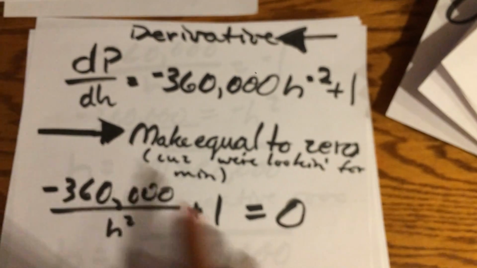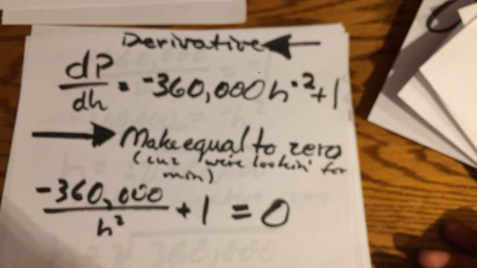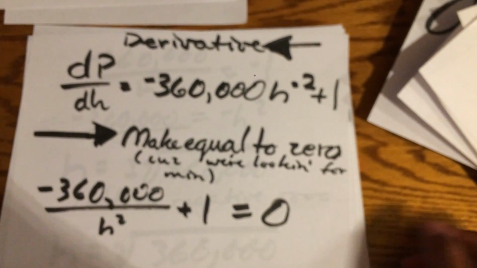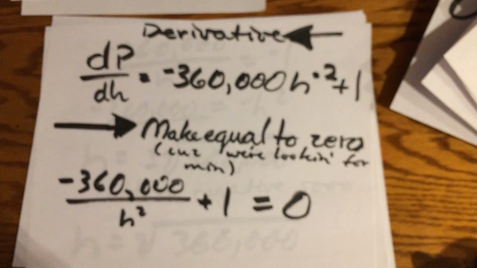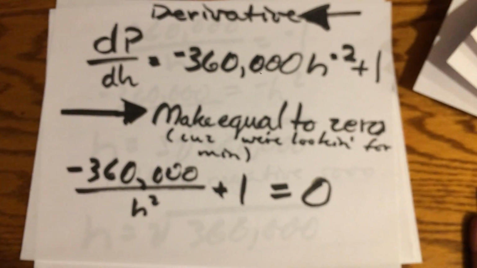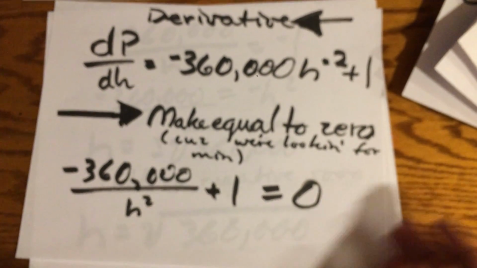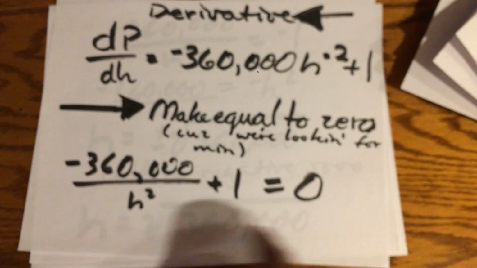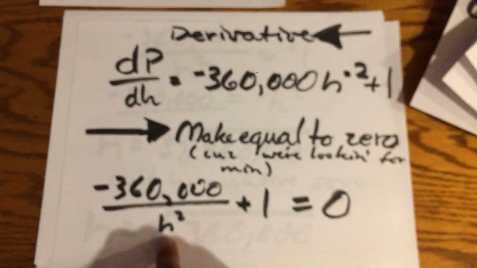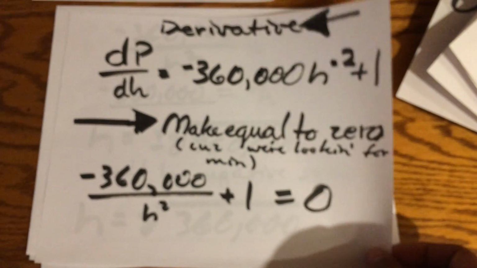Okay, so first we take the derivative, which will equal negative 360,000 h to the negative 2, plus 1. Make it equal to 0 because we're looking for a minimum, so we need to set the derivative to 0, and here it is. We put it back under here because it will make it easier again.